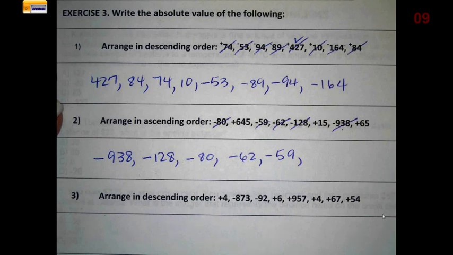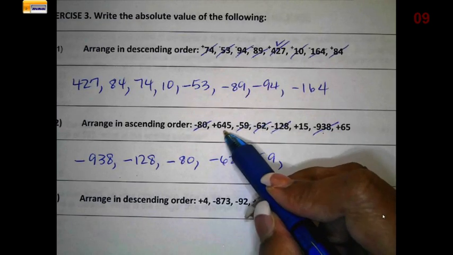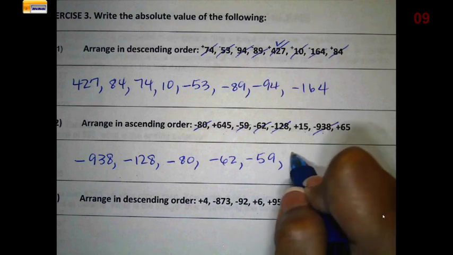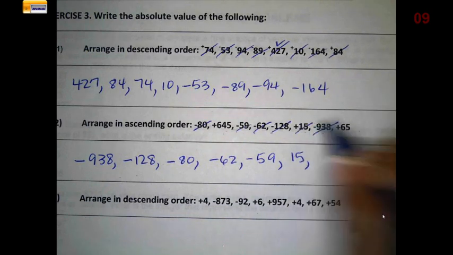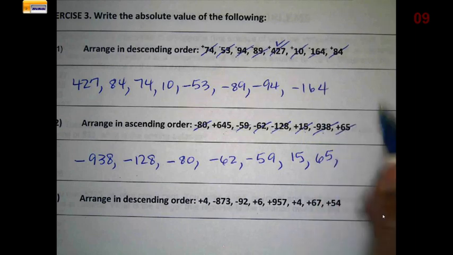We've gone on the positive side now. So what's the smallest one? Yeah. No, no, no. We have 6, 45, we have 15, and we have 65. So we got to do 15. Then we're going to do 65. And then we're going to do 645.